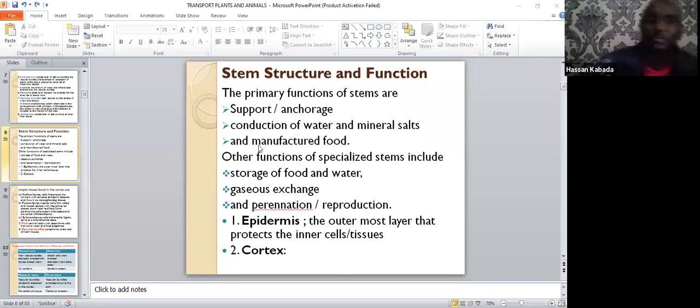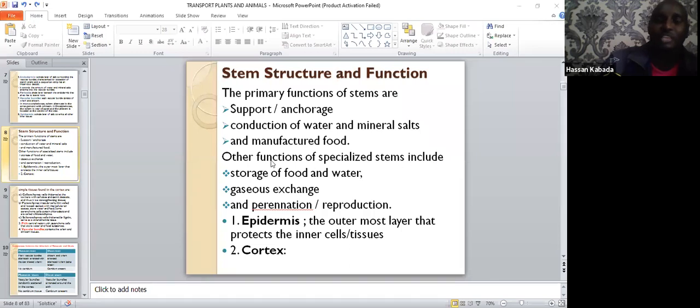Number 3, conduct manufactured food downwards and to all parts of the plant, especially the roots. So the stem will bring in, of course, through the phloem. The phloem will be running through the stem, bringing food downwards. The stem has xylem that runs the length of it upwards, moving the water up.